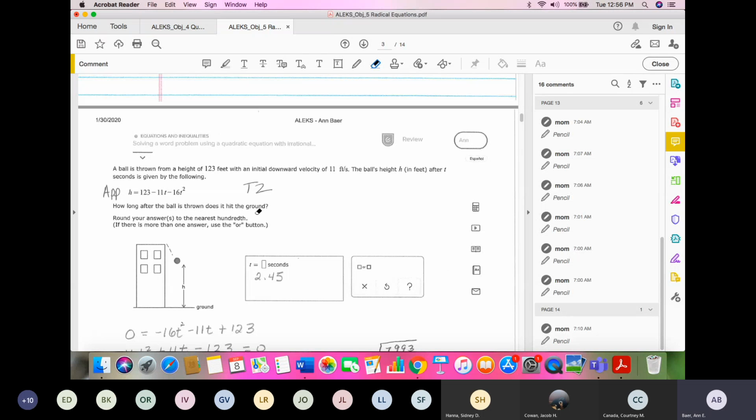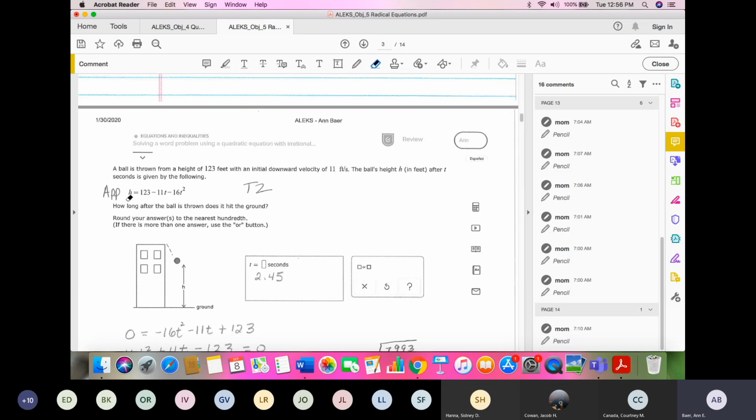What is the relationship of the ball to the ground when it's on the ground? In other words, what is the height of the ball above the ground? That's what H stands for. H stands for the ball's height in feet. What is the height of the ball above the ground when it's on the ground?